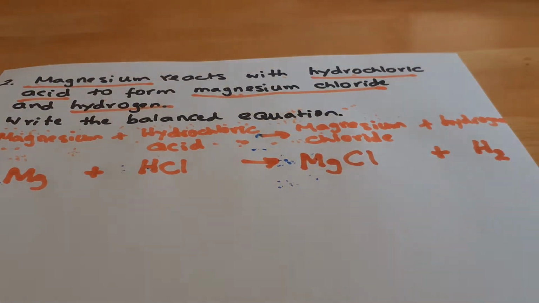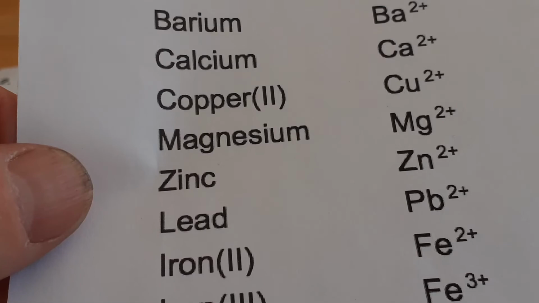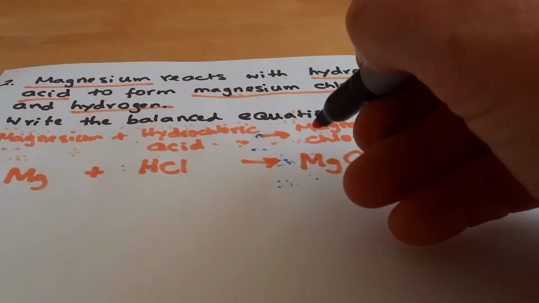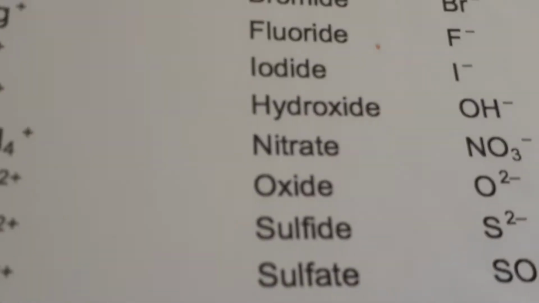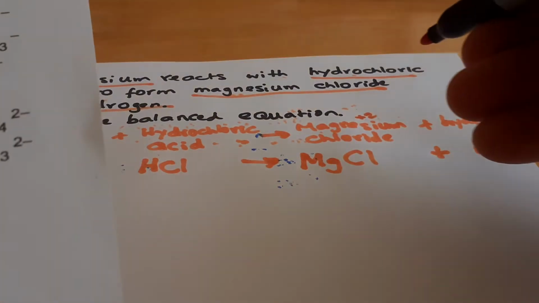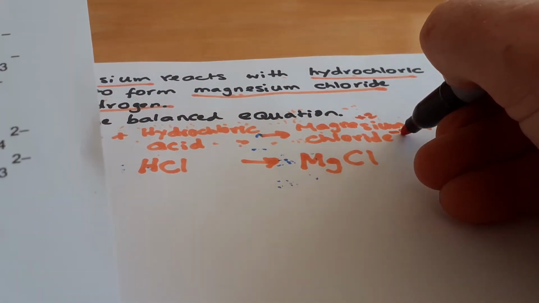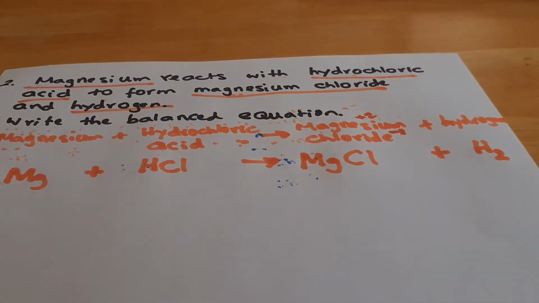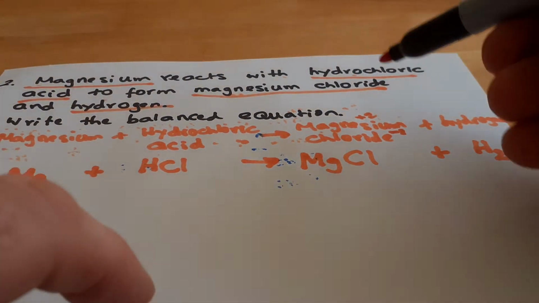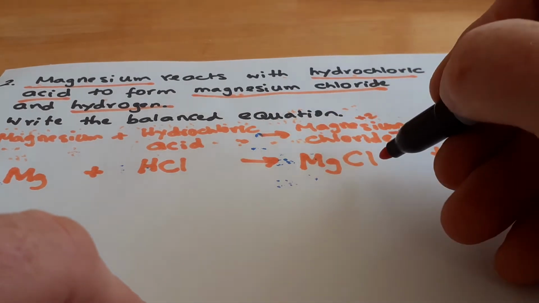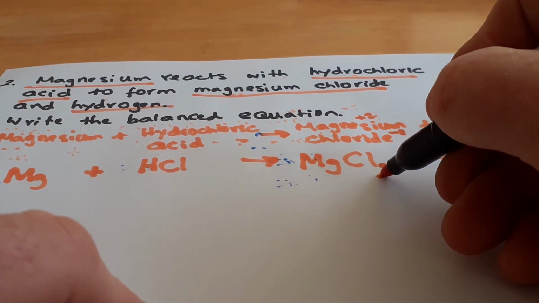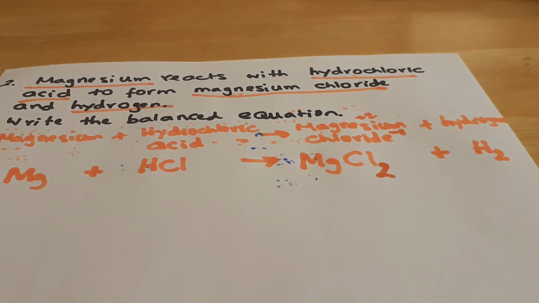Now, charge on magnesium is +2. Charge on chloride is -1. So the lowest number they will both go into is 2. So 2 goes into 2 once, 1 goes into 2 twice. So the formula of magnesium chloride is MgCl2.